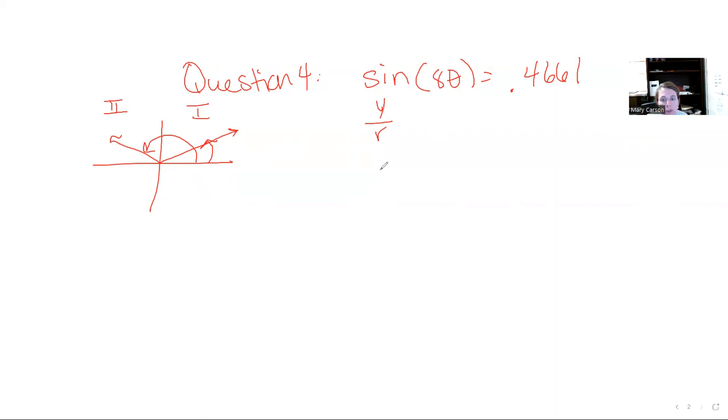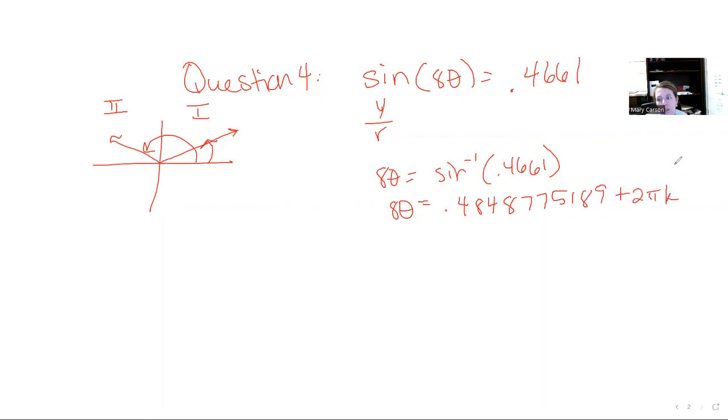What we're going to do first is let 8 theta equal the inverse of sine of 0.4661 in the calculator, and we will get 0.4848775189 plus 2 pi k. Again, we're going to let k be 0 here. Now remember, you need to be in radian mode.